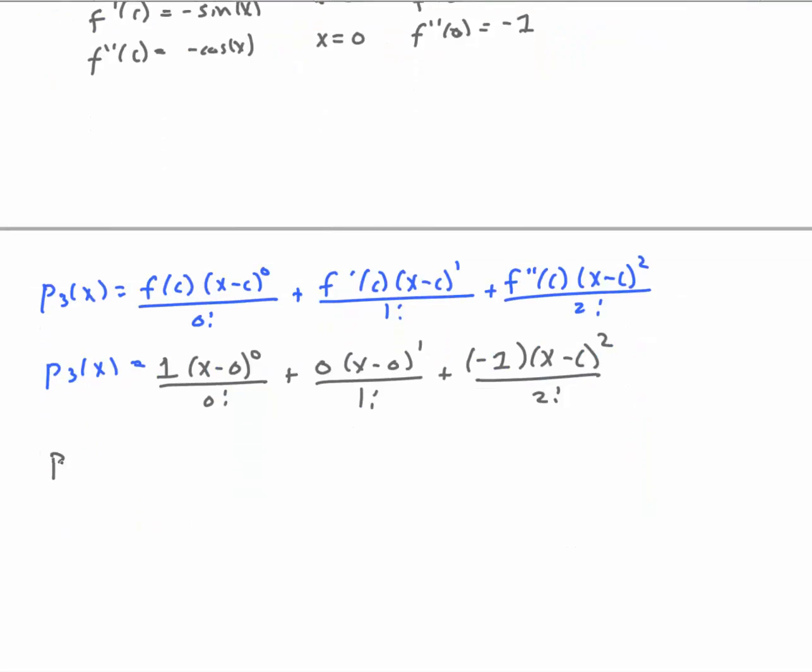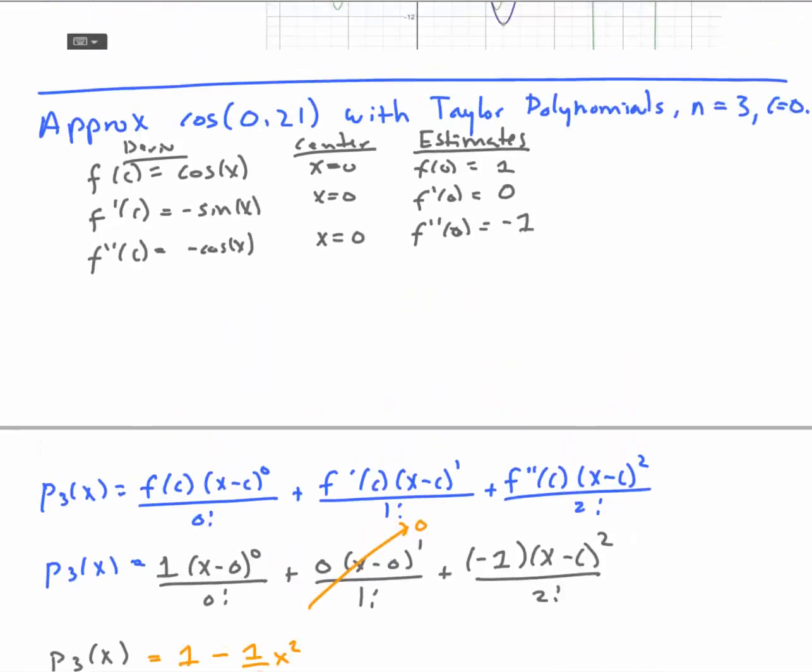So we just want to keep simplifying this. Anything to the 0 power is 1, and 0 factorial is 1. So this simplifies to just 1. And then over here I have a minus 1/2 x squared. So this is the third degree polynomial that approximates this entire curve.